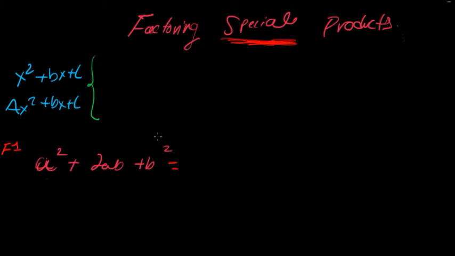So formula 1 says that if we have this trinomial here, when the first term is a square number, and the last term is a square number, and your middle term is 2 times one of the factors of your first term times one of the factors of your last term, then it can be written in the form of a plus b times a plus b, which is equal to a plus b squared.